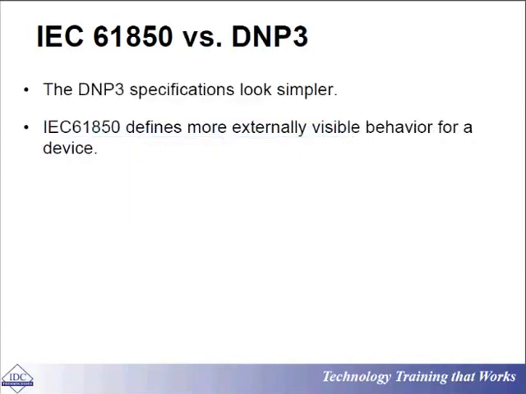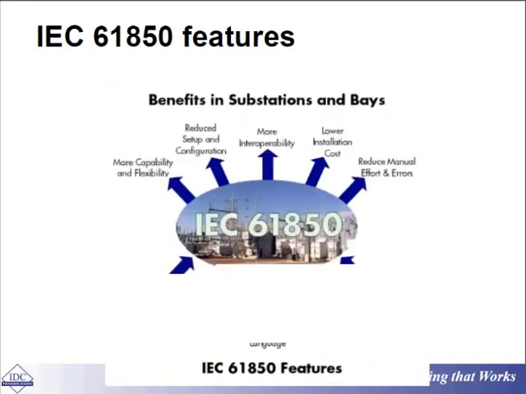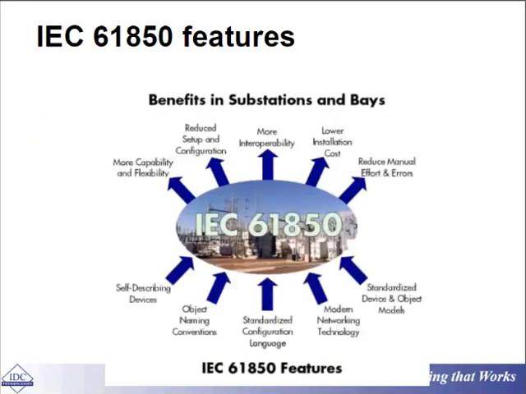So when you look at DNP3, for example, which is the older version, it looks simpler, yes. But when you think about 61850, it is more externally visible, all right? And it is more complicated, all right? So when you think about the features, there are a lot of features that we can define for this 61850.